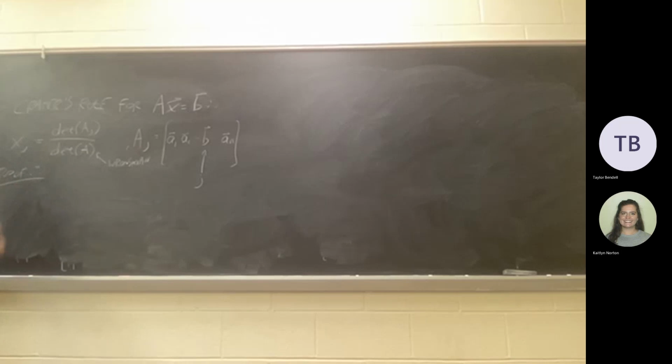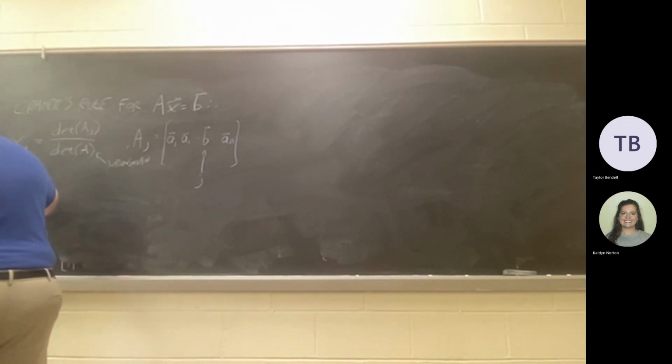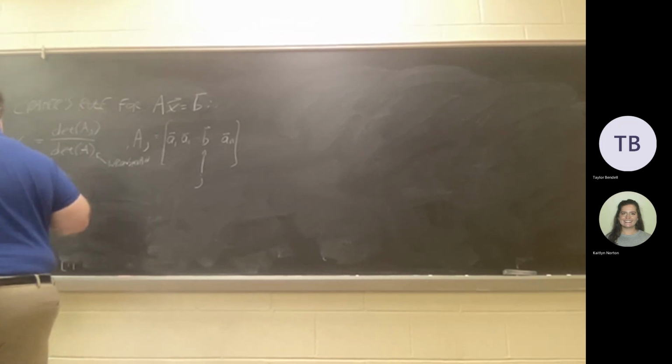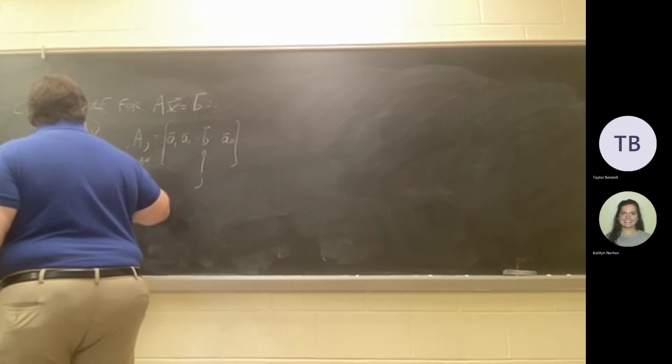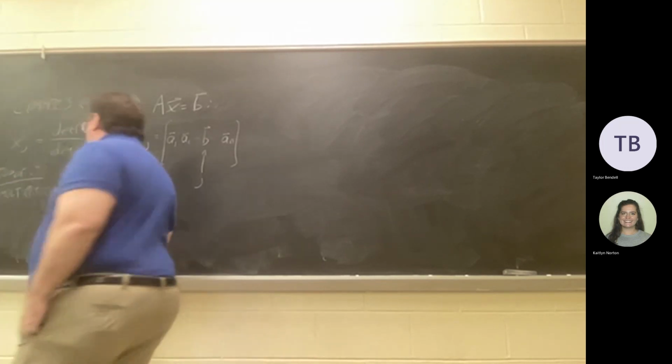It's not rigorous, but it gives you the idea, and certainly could be made into a formal proof. So what you do is, first, you multiply column j of A by xj.